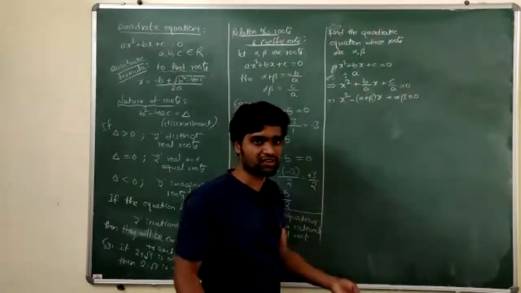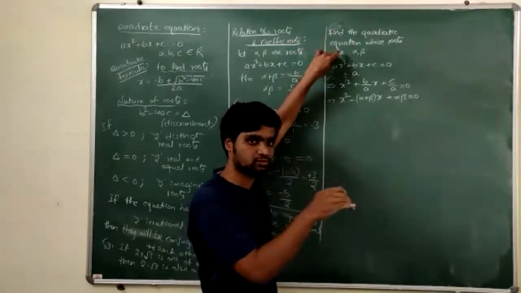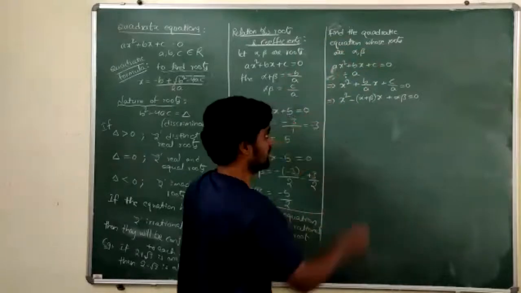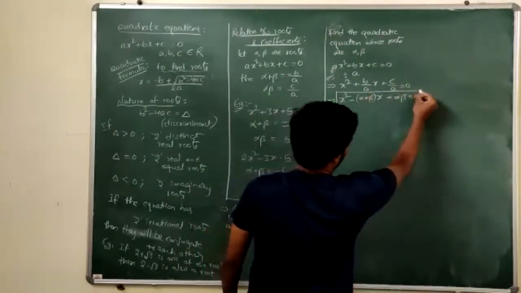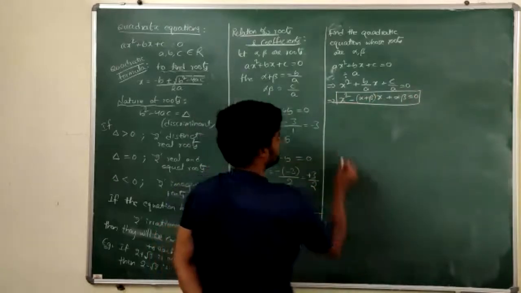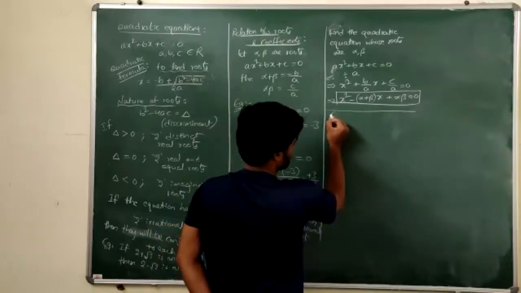You don't know the equation. You are asked to find the equation whose roots are these two. The equation will be x square minus of alpha plus beta of x plus alpha into beta is equal to 0.